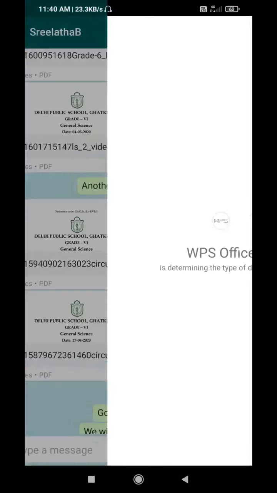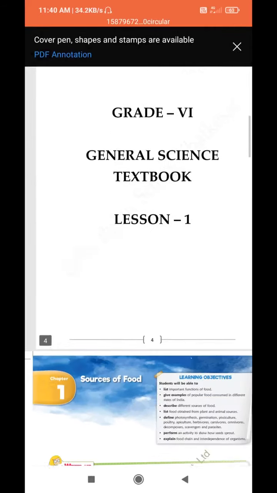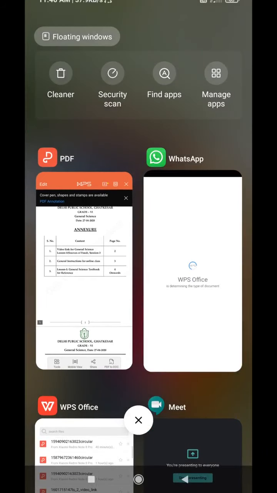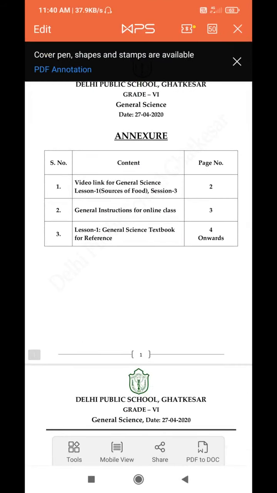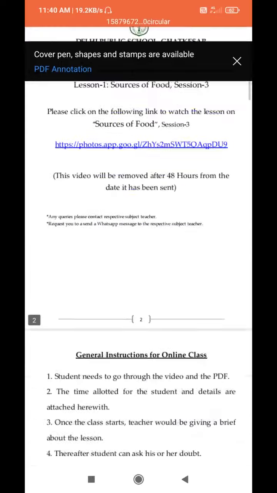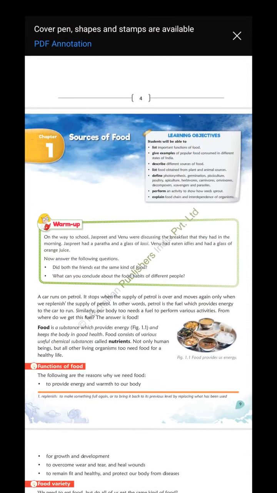Next lesson, food components. Sources of food is this one. Before that, food components I'll select, or else sources also, no problem. Sources first, you want? Okay, sources only I'll take.